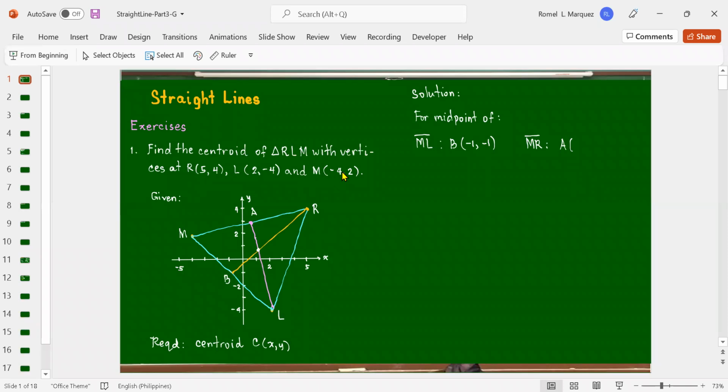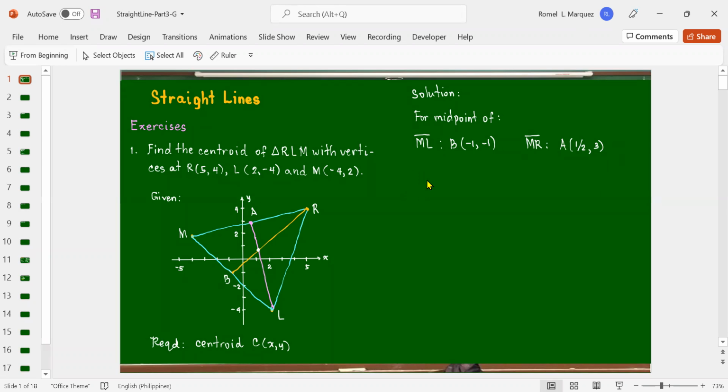So the x coordinate is 1/2. What about the y coordinate? 4 plus 2 is 6, divided by 2, that is 3. Am I correct, guys?